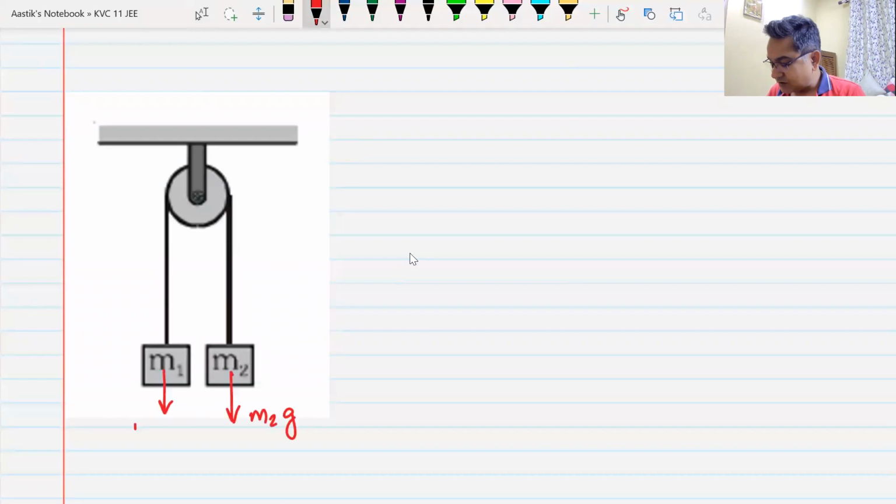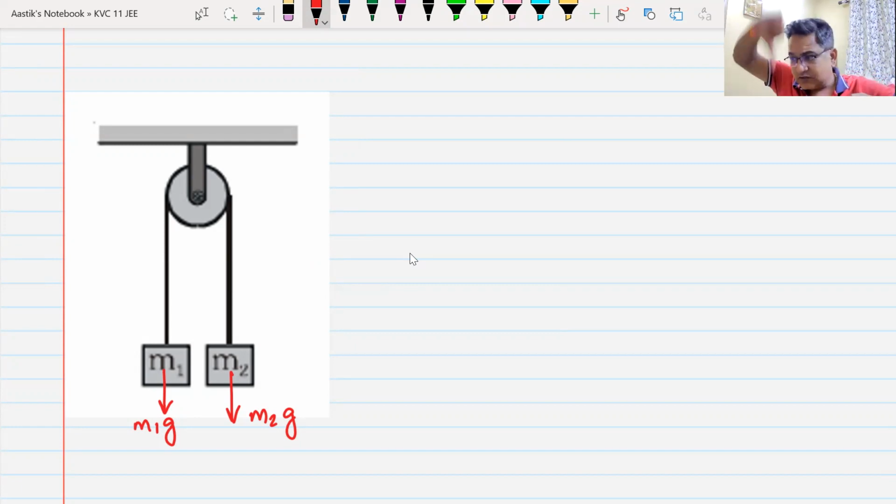The force trying to pull this block down is M1g. So for the entire system, M2g pulls downward on the right-hand side, and M1g pulls downward on the left-hand side. Do we understand this?